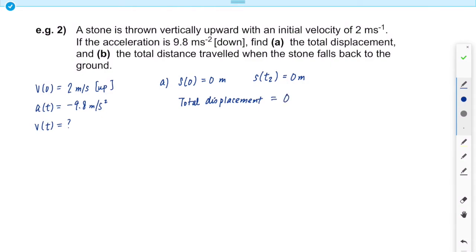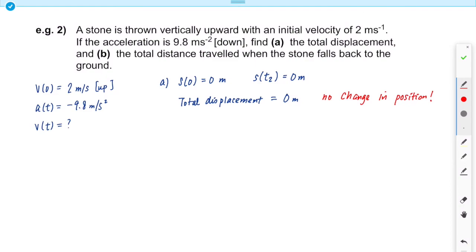Of course, it is 0 meters, because it has not changed position. Okay, so we have that down pat.